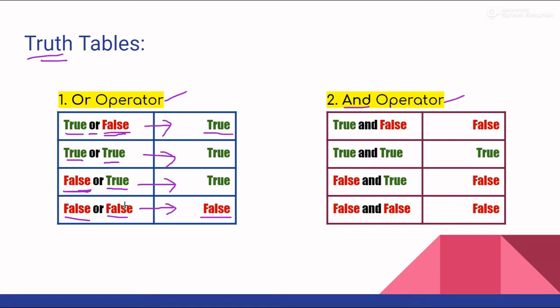The reason is whenever even a single one of the operands or values is true, the result becomes true using the OR operator. But when both the operands or both the values become false, the result gets to be false too.